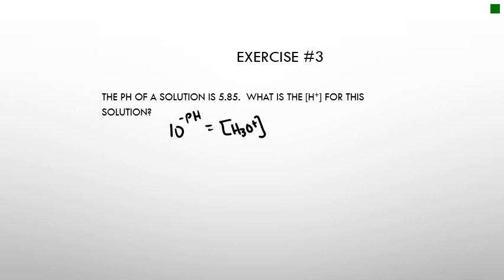And so when I look at this, I'm going to take 10 raised to the negative 5.85. Since 5.85 has 2 digits after the decimal point, my answer is going to have 2 significant figures. So if I take the second log for 10 raised to a power, negative 5.85, that will give me 1.4 times 10 to the negative 6th power. And that is your molarity of H+.